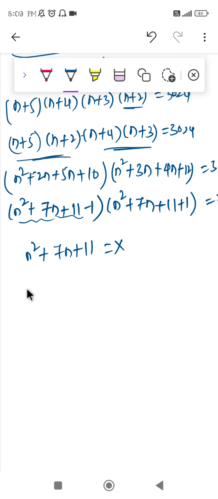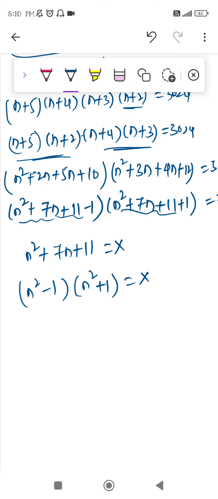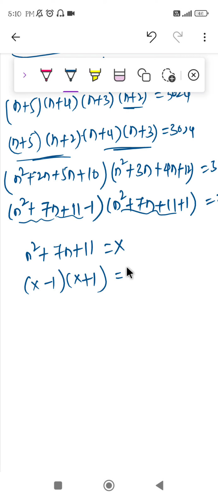Then the equation will become (x minus 1) and this is also x, so (x plus 1) we will be having. So this will be (x minus 1) into (x plus 1) is equal to 3024.